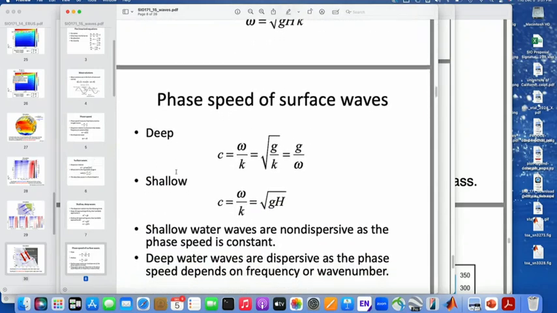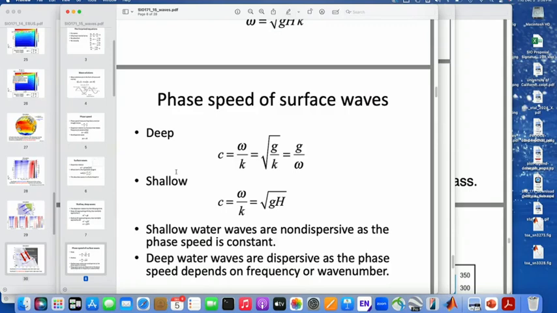Yep. So there's a lot of ways to write it, and in this case, the most helpful way, because I'm giving you wavelength and asking for wavelength, would be that C equals root over GK. You see that?